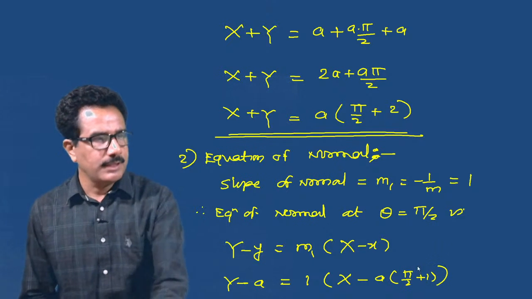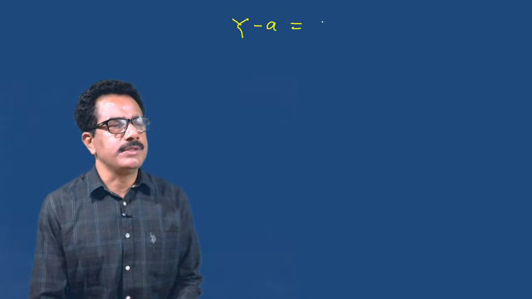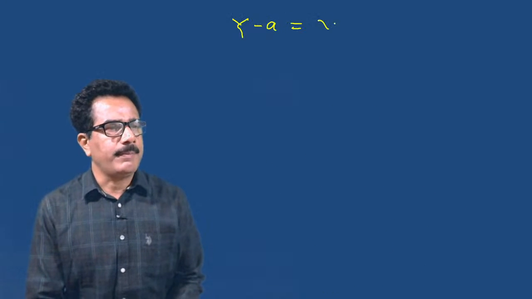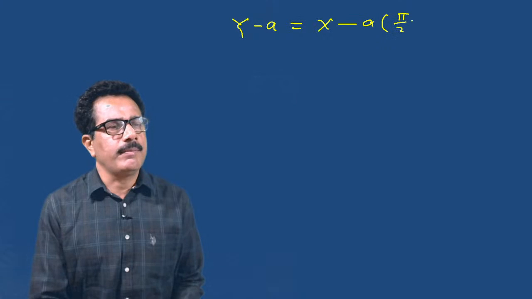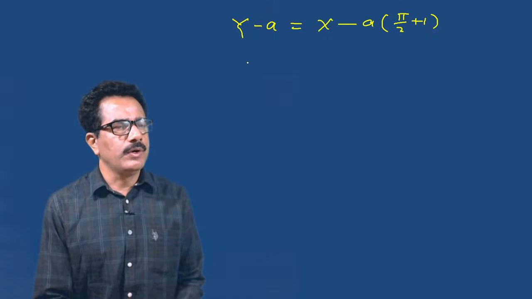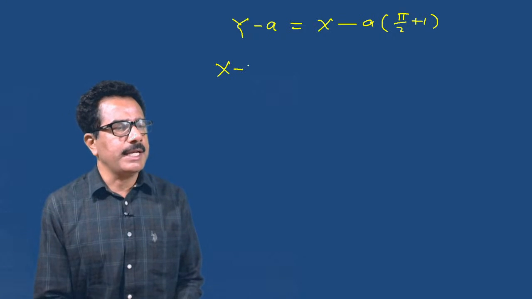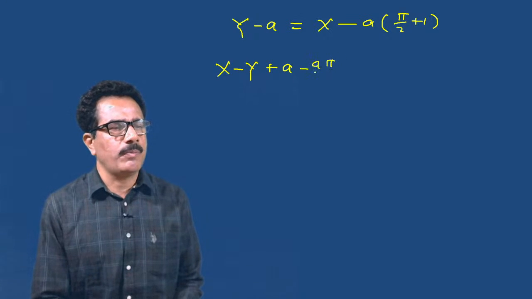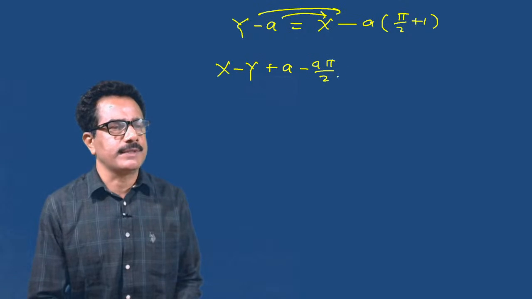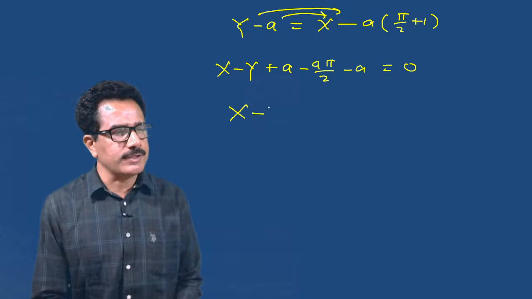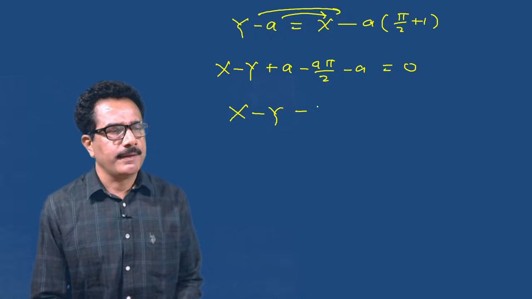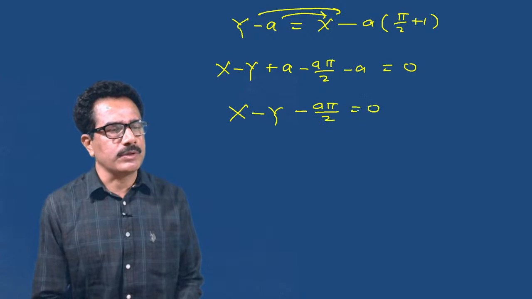Now calculate this. Capital Y minus small a is equals to capital X minus a in a bracket pi by 2 plus 1. So we can write this as capital X minus capital Y plus a minus a into pi by 2. Transfer the right side to the left side, it becomes minus a, which is equals to 0. This plus a minus a will get cancelled. So the final answer is x minus y minus a pi upon 2 is equals to 0.